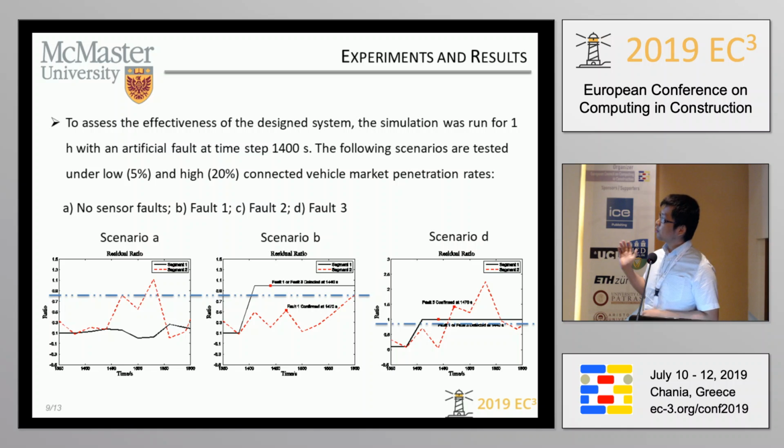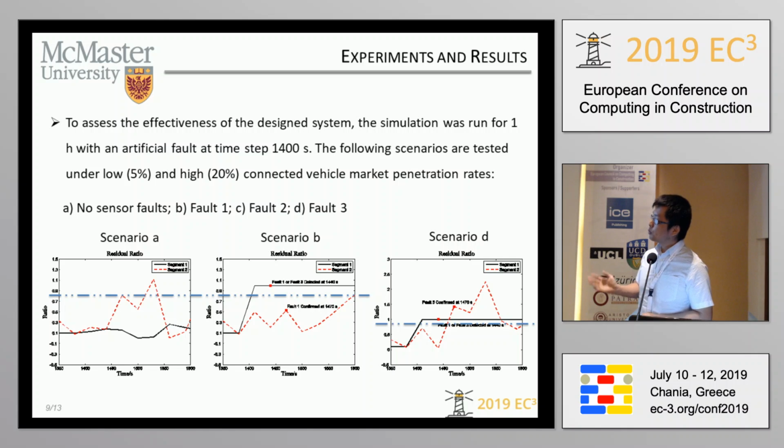So as you can see from these 3 figures, it shows the residual of the density estimation in segment 1 and segment 2. From the second scenario B and scenario D, we can see once the residual exceeds the threshold, which is shown as the horizontal dashed line, we can detect the sensor fault and confirm that sensor fault afterwards.